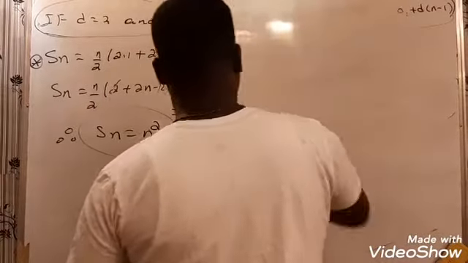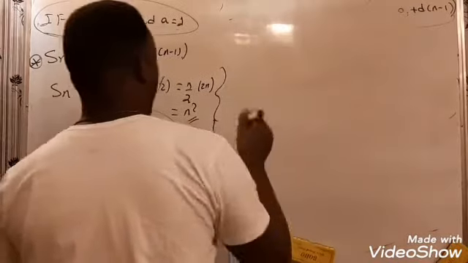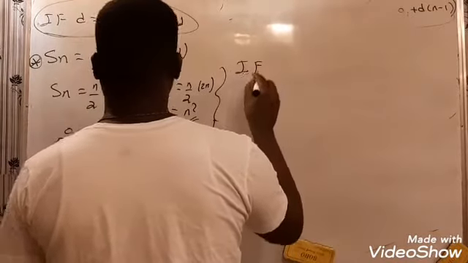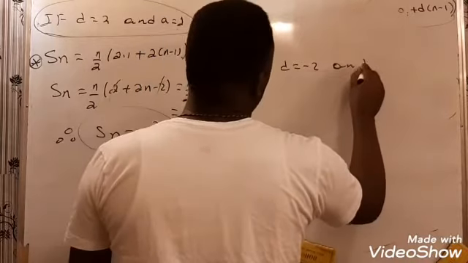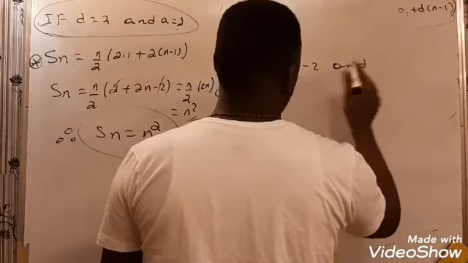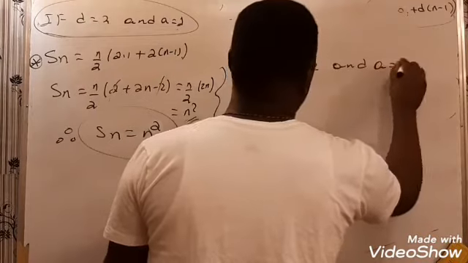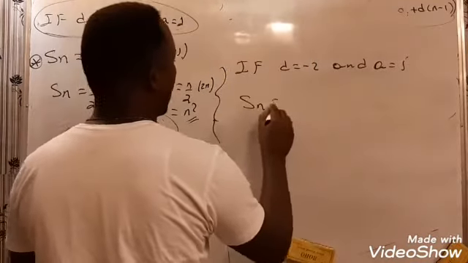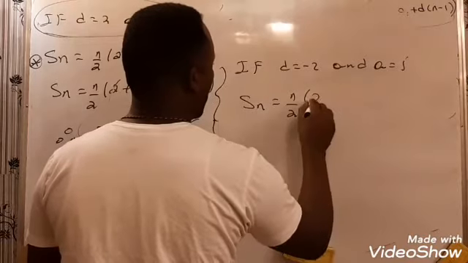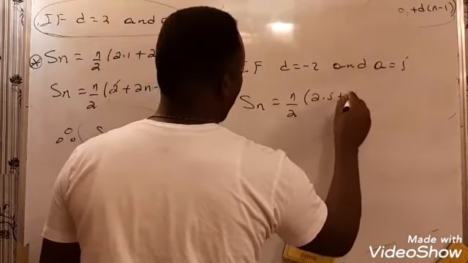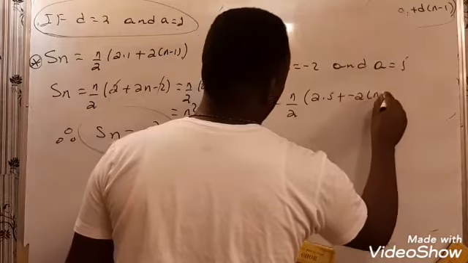Similarly, with a similar procedure, if d is exactly minus 2 and the corresponding value for a is 5, then Sn is generally given by n over 2 into 2 times 5 plus minus 2 into n minus 1.